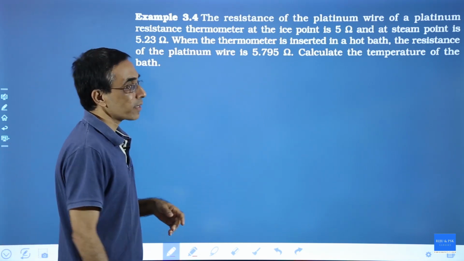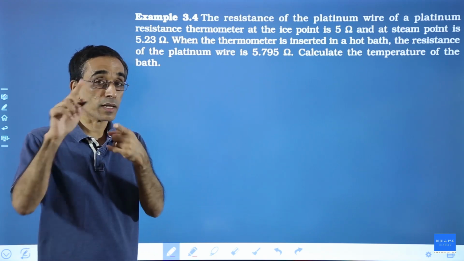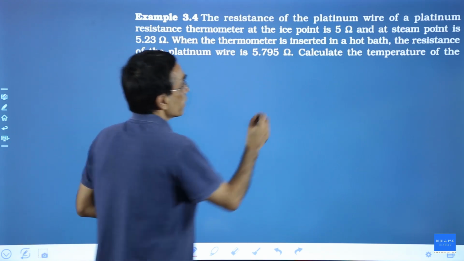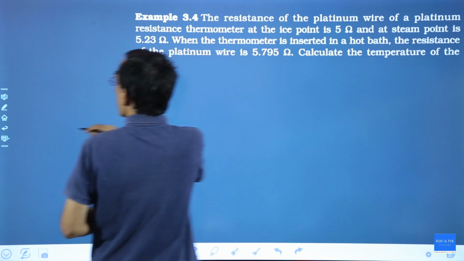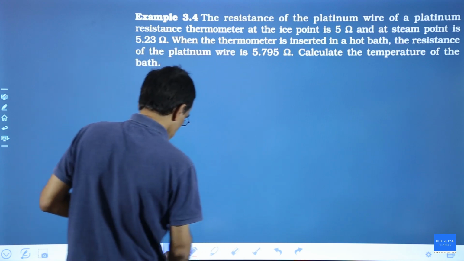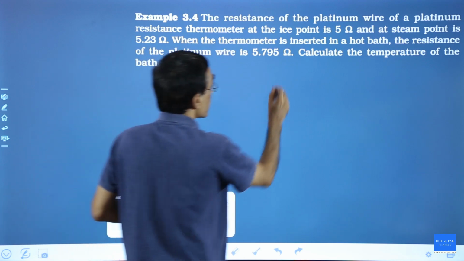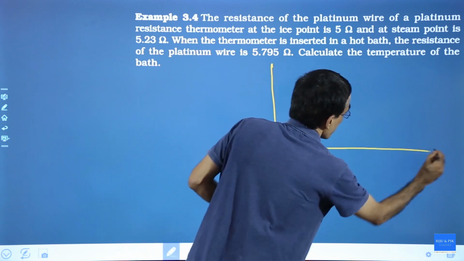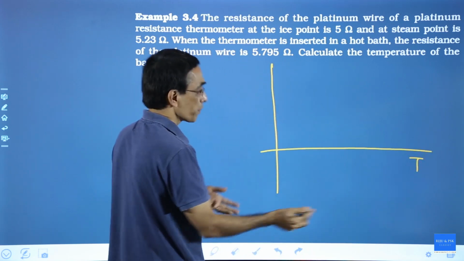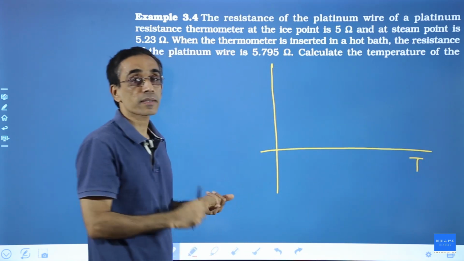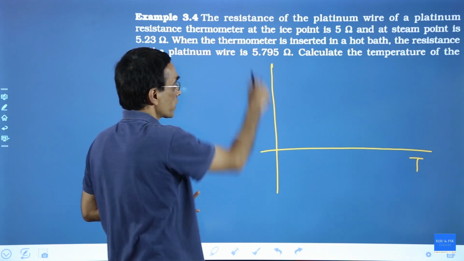Okay, thermometer idea. In thermometry, you studied that all thermometers generally have a graph which runs like this. There will be temperature taken here in some unit and there will be some parameter like length, resistance, pressure, anything taken here.